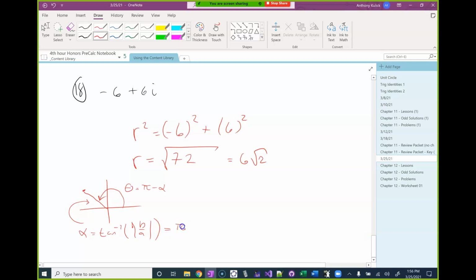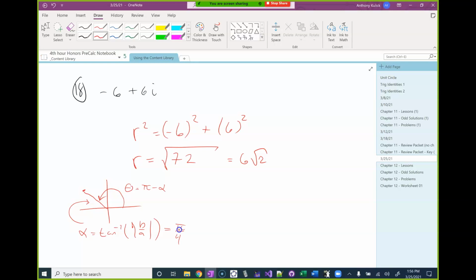I mean, if you did this in degrees, you'd get 45, and you'd immediately recognize that as a unit circle value to convert to radians. Or if you did it in radians, you might get, I don't know, a little less than 1, like .785 maybe.